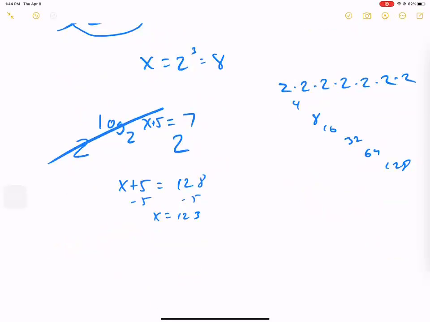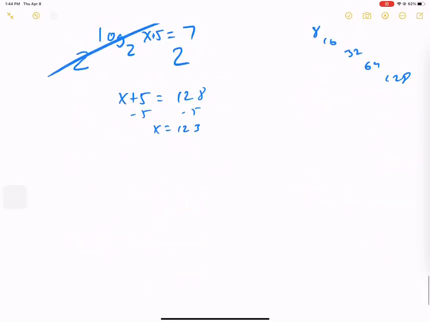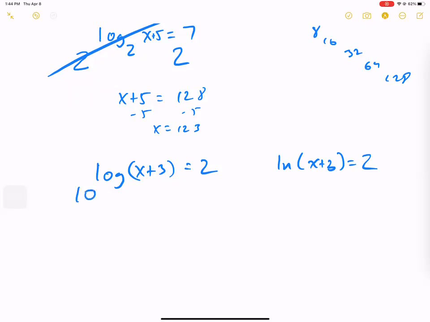And hopefully you remember this from Algebra 2, but if you don't, that's fine. What if they don't write anything? What if I write log of x plus 3 equals 2? Or what if they write natural log? What base would we have here? If you remember, if you don't write anything, that's base 10 on both sides automatically. If you write natural log, it's going to be e on both sides. We always just copy the base, and that's our new base, because 2 was an exponent, because logs solve for exponents.